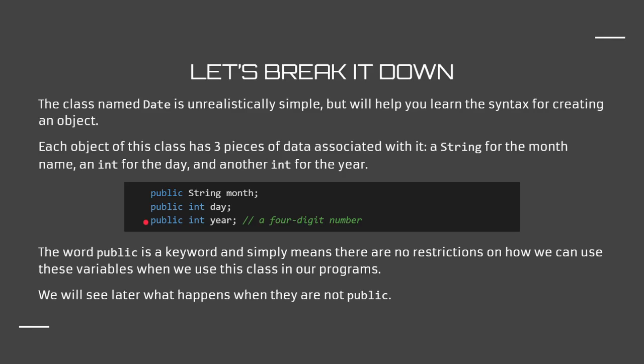So when you make objects, you'll generally want to use them in other files. You create a file with a class where you define the object and all the variables and methods it has, but then when you actually use the object and create variables out of it, you're going to do that in a different file. For us, we'd do that in a file that has a main method in it. So if you noticed, Date.java did not have a main method because we are not actually running code out of it, we are just creating an object with it.